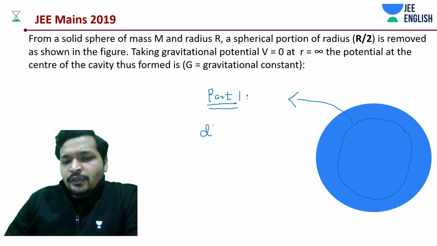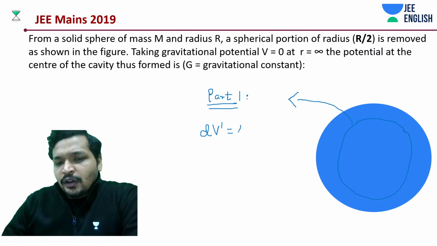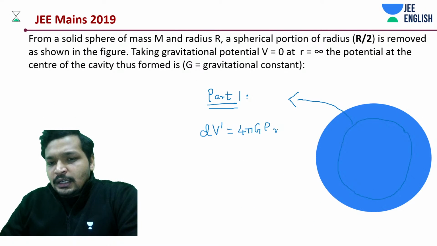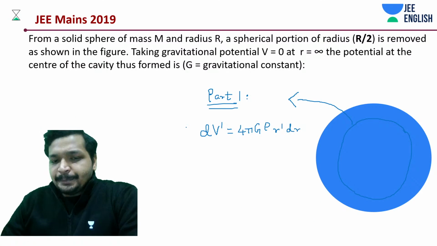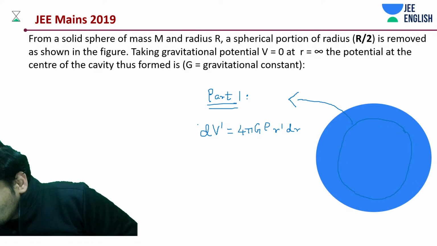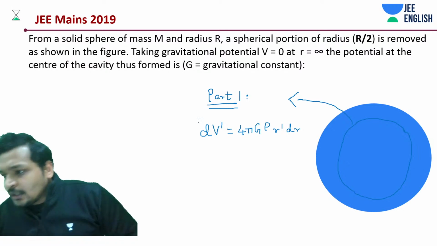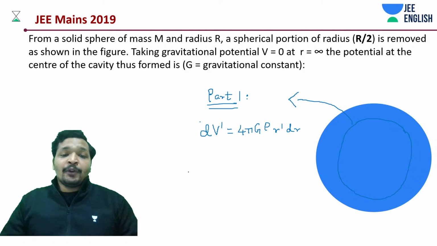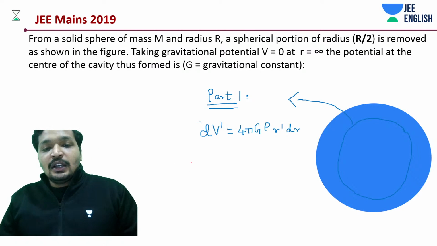So we know from the earlier step, dV dash is how much? 4 pi G rho r dash dr. Very important and an interesting question, definitely do complete it.